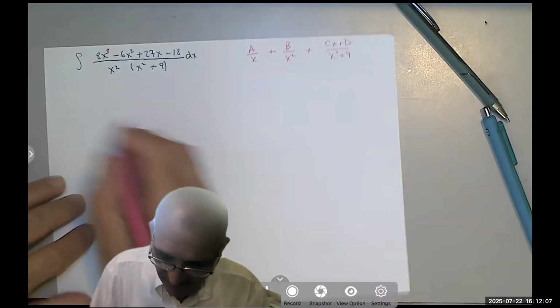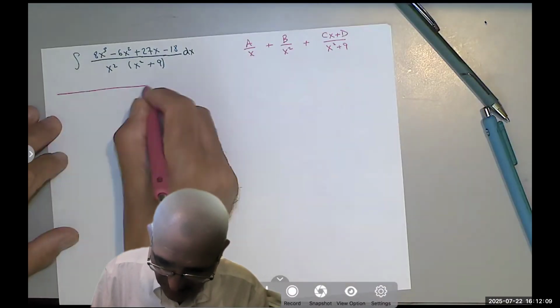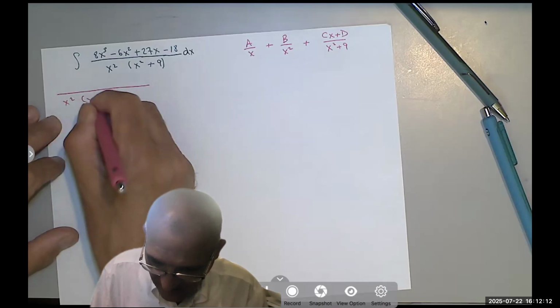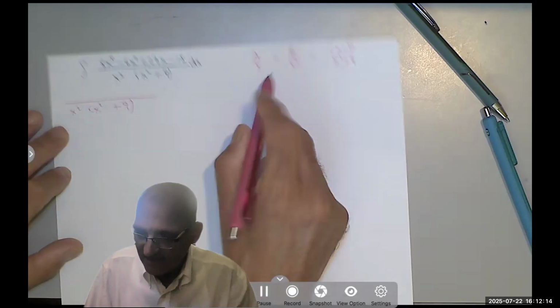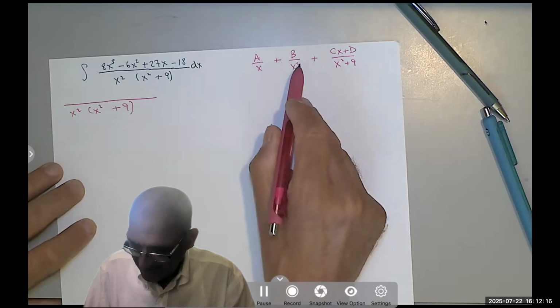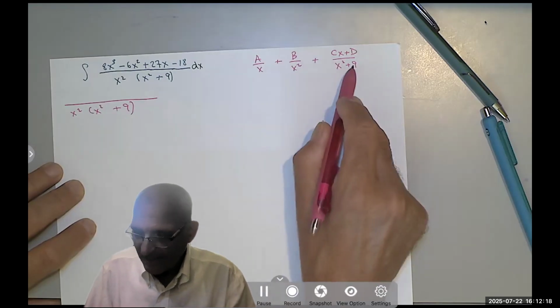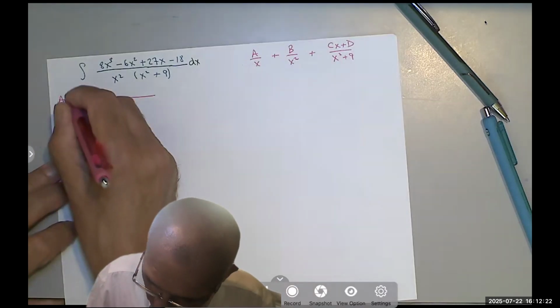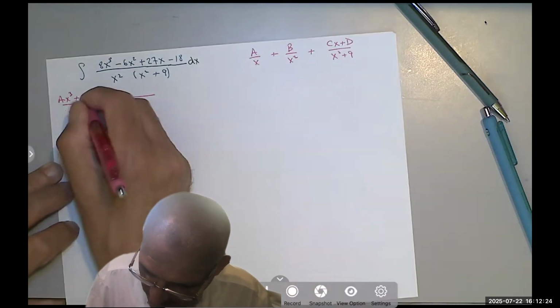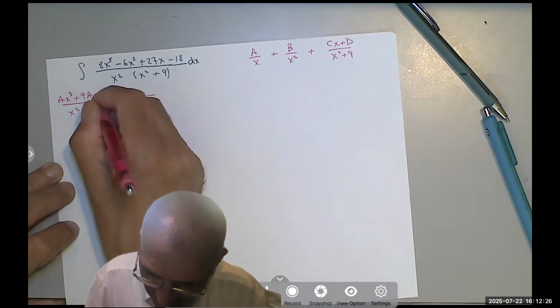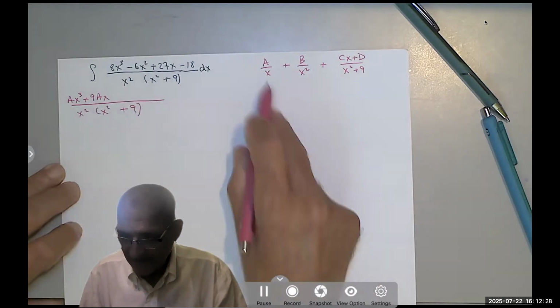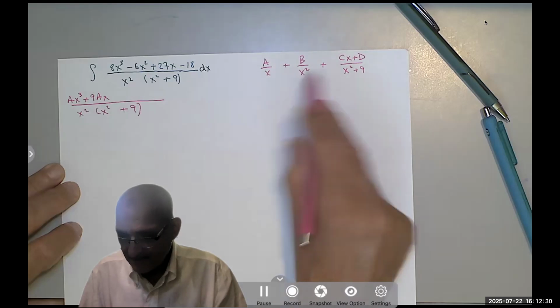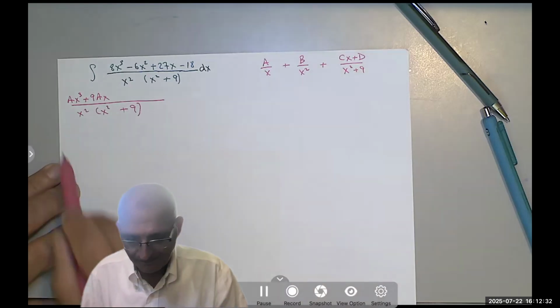So I'm going to take a common denominator, which is x squared times x squared plus 9. This x would be multiplied by x squared, so x cubed plus 9x. So I will have ax cubed plus 9ax, right? When you multiply that by x times x squared plus 9.